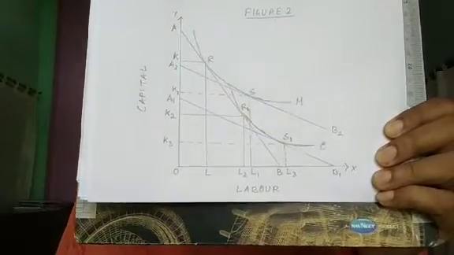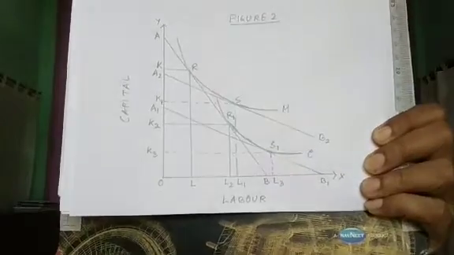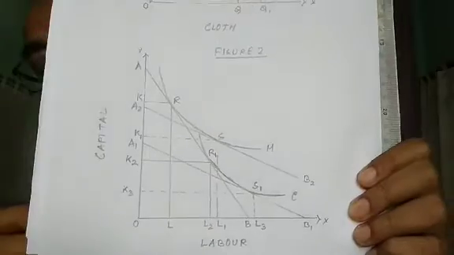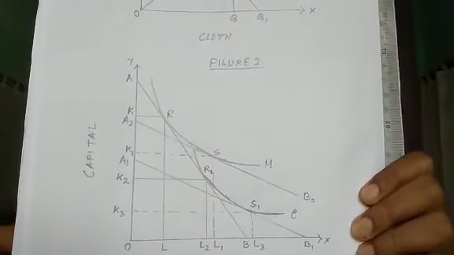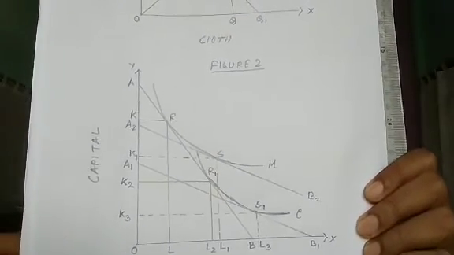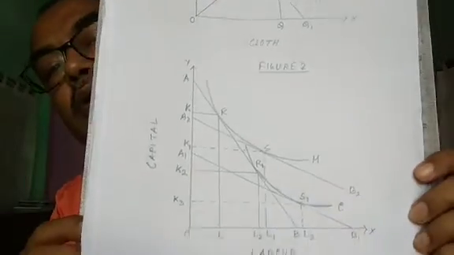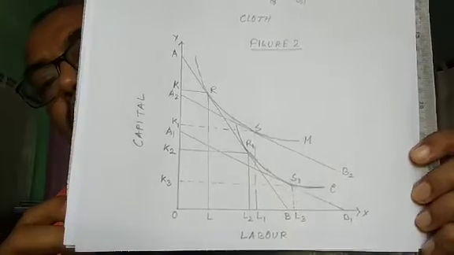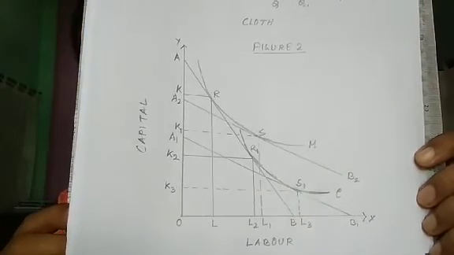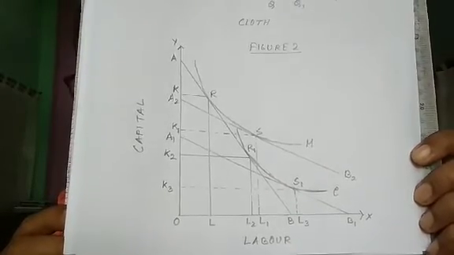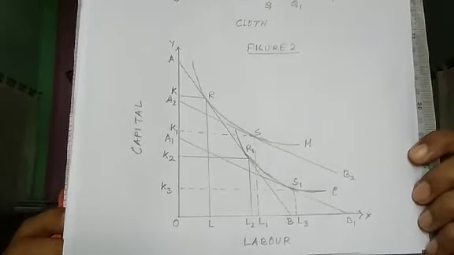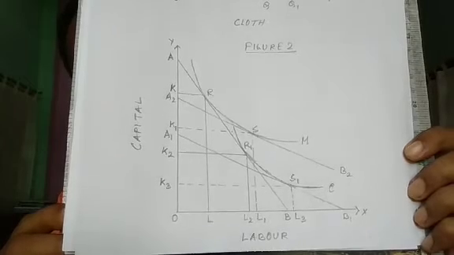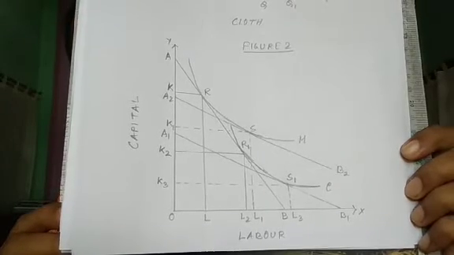What we have done here, we have measured labor on the x-axis and capital on the y-axis. Here, AB is the factor price line of country A, and A1B1 is the factor price line of country B.